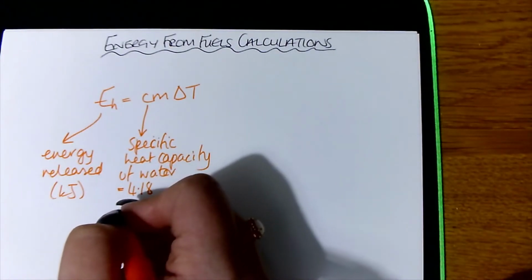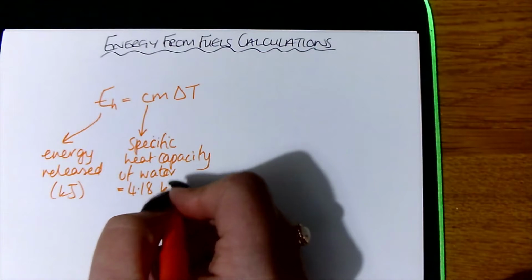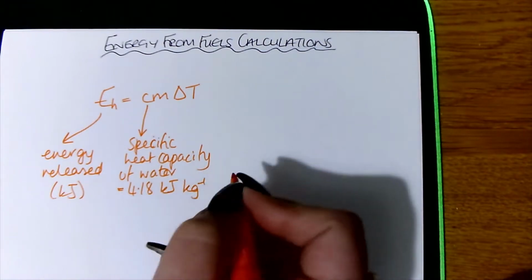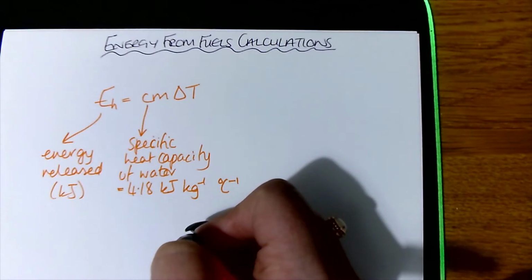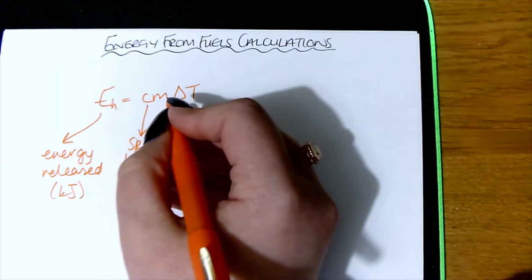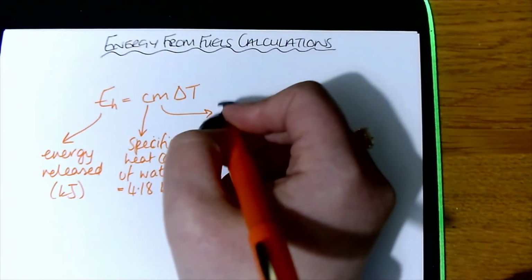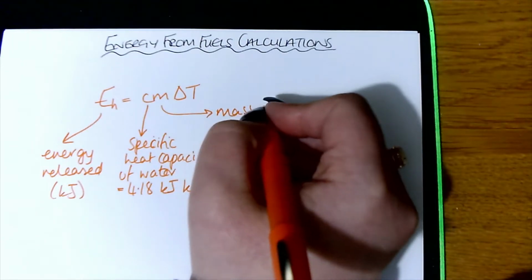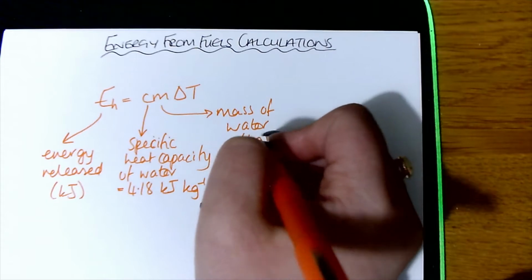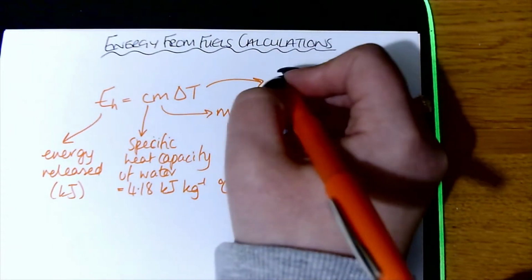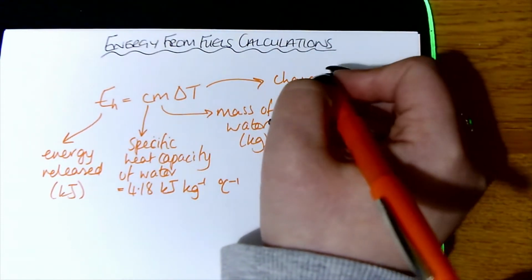It is 4.18 kilojoules per kilogram per degree. M stands for the mass of water in kilograms, and delta T is the change in temperature in degrees.